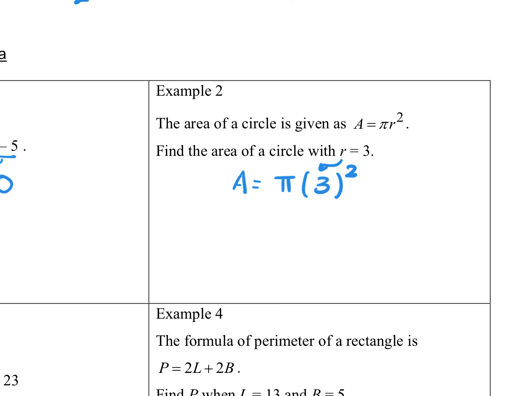So then I'll key into my calculator pi times bracket 3 close bracket square, and I got my answer as 28.27456. If your answer is not exact, round it off to 3 significant figures, 28.3.